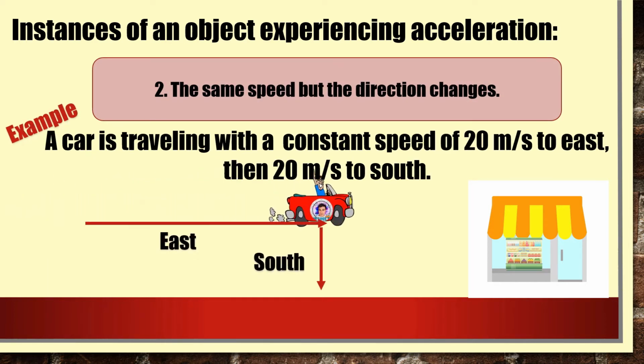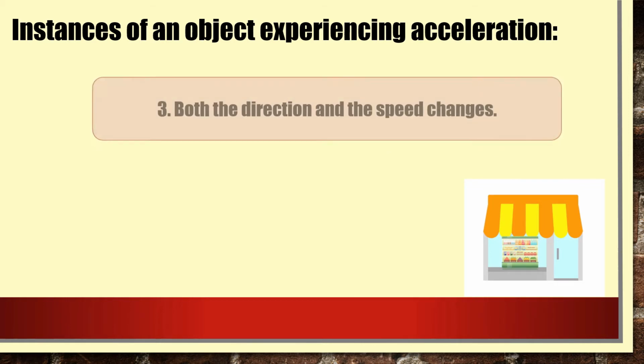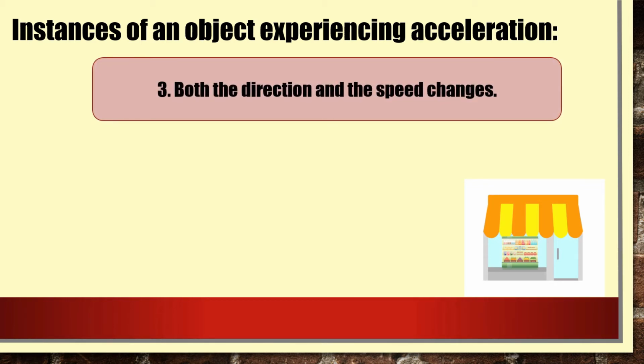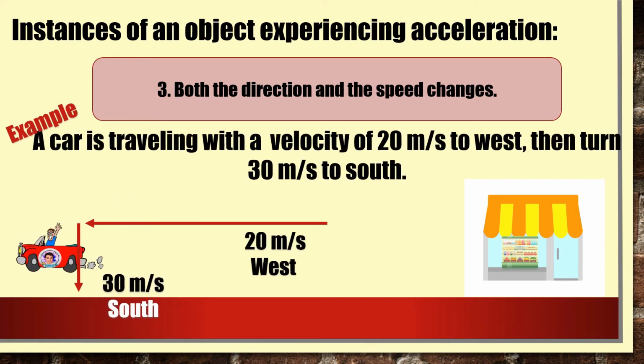For example, a car is traveling with a constant speed of 20 meter per second to east, then 20 meter per second to south. And lastly, an object experiences acceleration if both direction and the speed change. For example, a car is traveling with a velocity of 20 meter per second to west and then turns to 30 meter per second going to south.